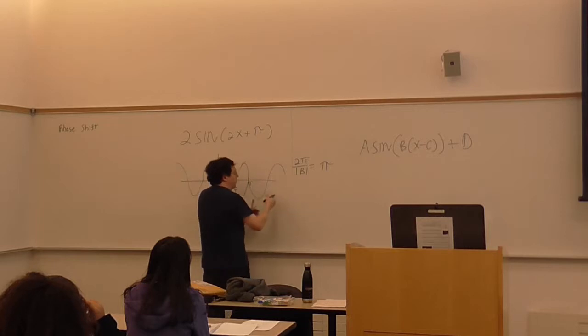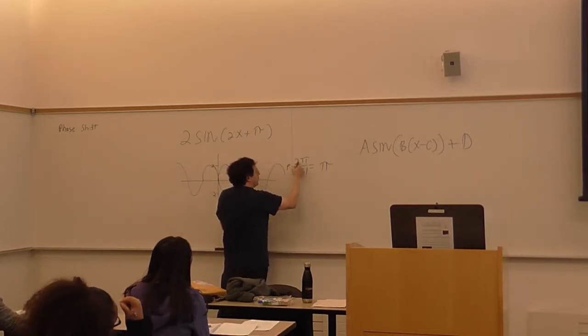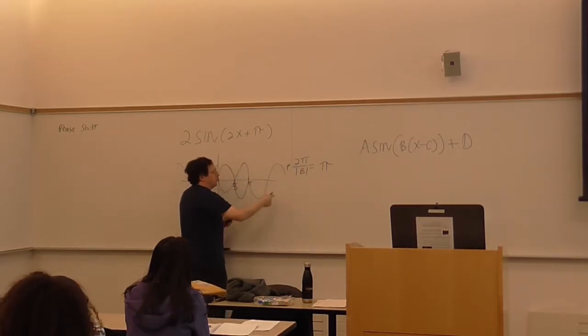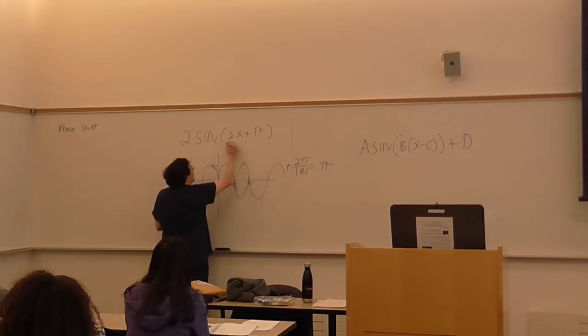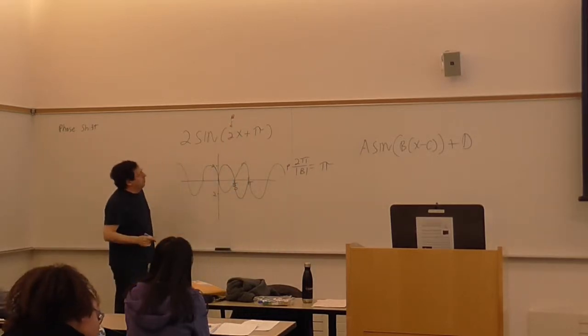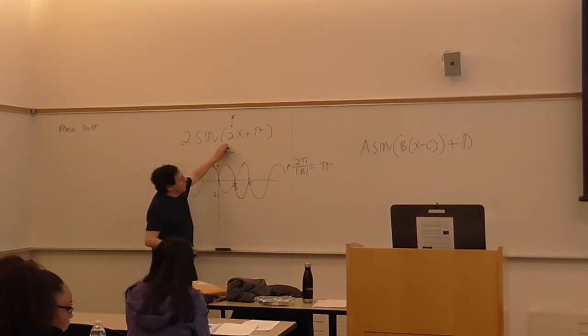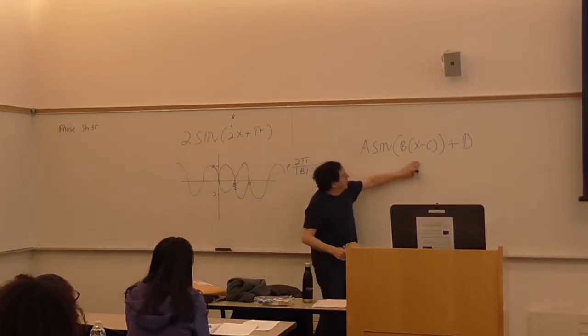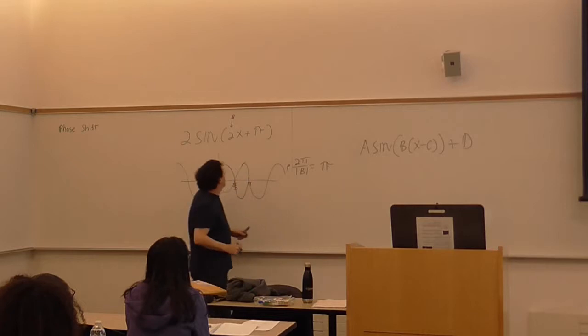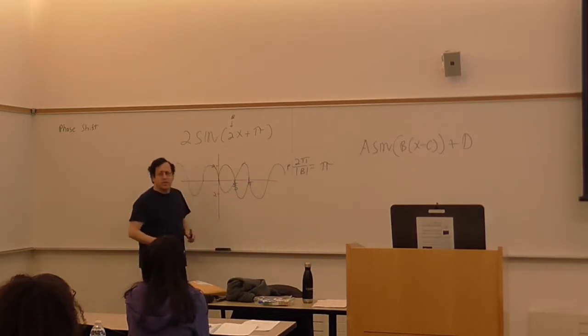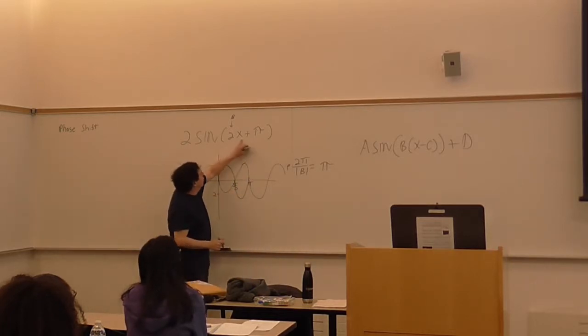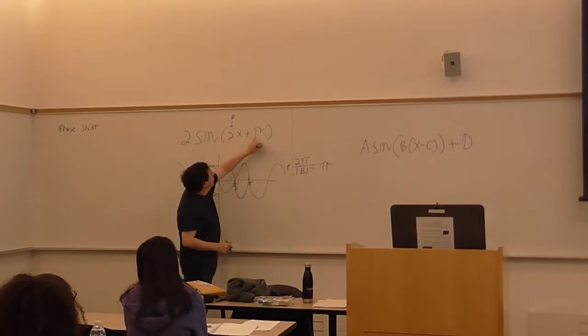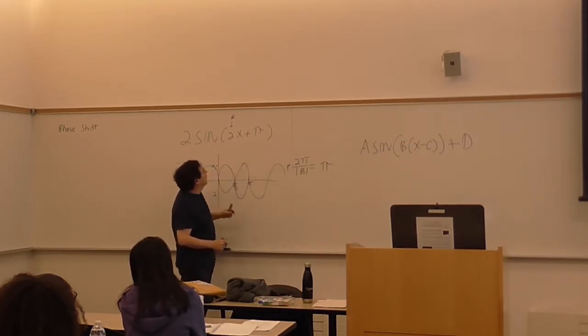No, I found that the period here is 2 pi over absolute value of b. I'm calling this b. But this is not in the same form as this, right? See, this is 3x, but this is just plus pi.